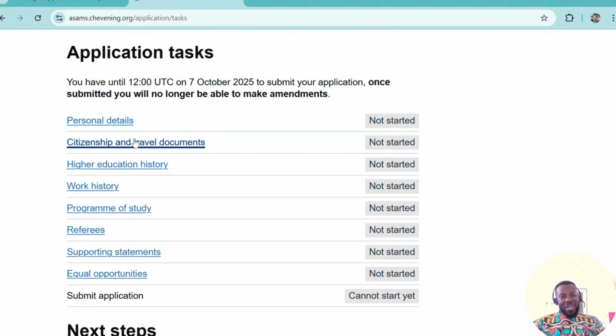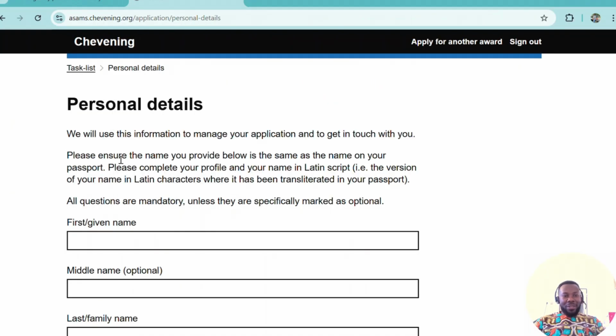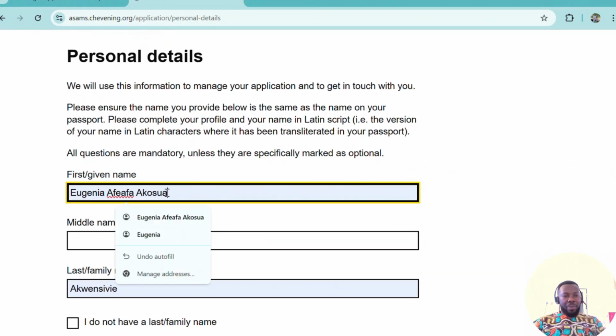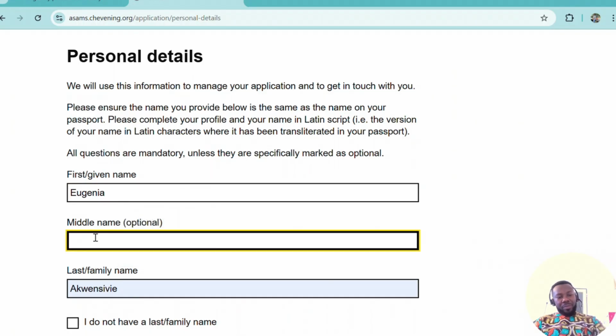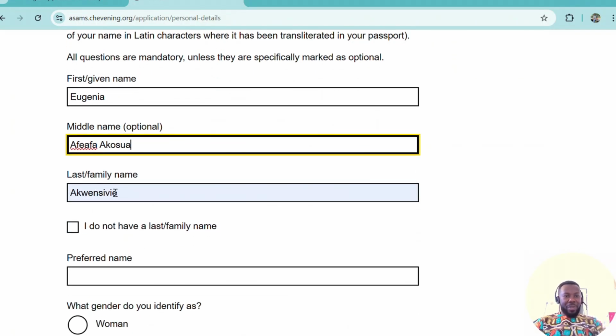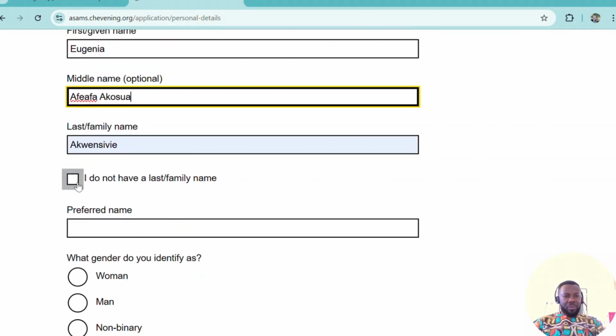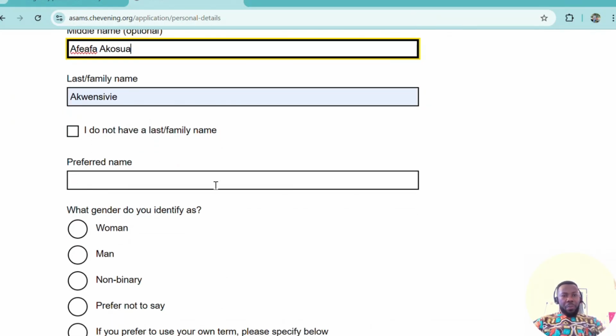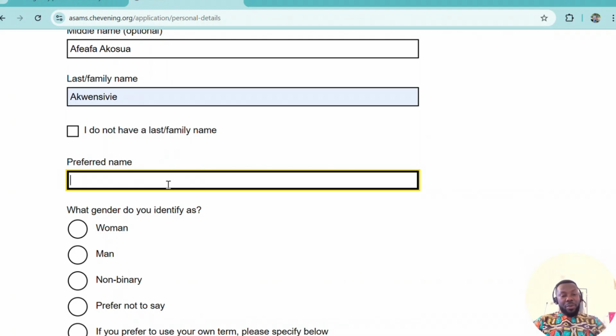So you can take them one at a time. You start with personal details, given name, middle names, and then family name is there. If you have a preferred name, you can put any preferred name there, of course.